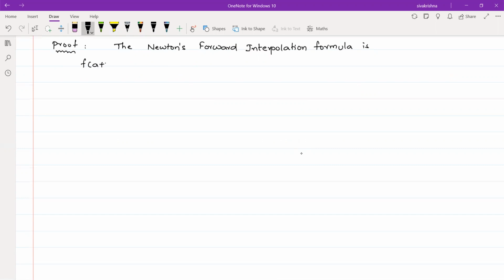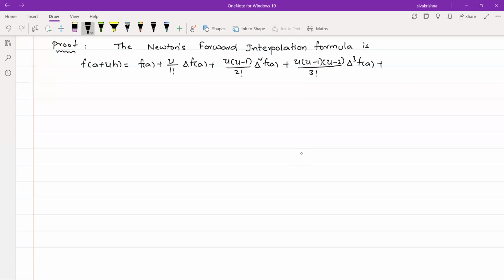That is f of a plus uh is equal to f of a plus u by 1 factorial into delta f of a plus u into (u minus 1) by 2 factorial into delta square f of a plus u into (u minus 1) into (u minus 2) by 3 factorial into delta cube f of a plus u into (u minus 1) into (u minus 2) into (u minus 3) by 4 factorial into delta power 4 f of a plus and so on.